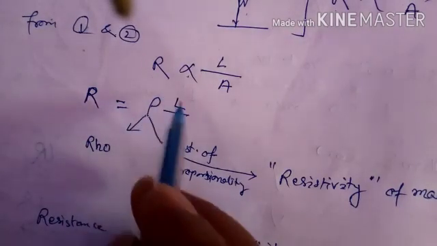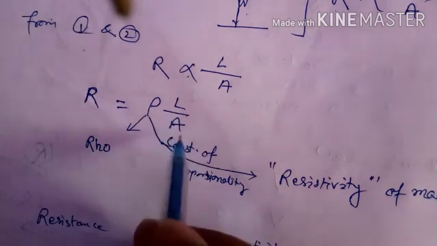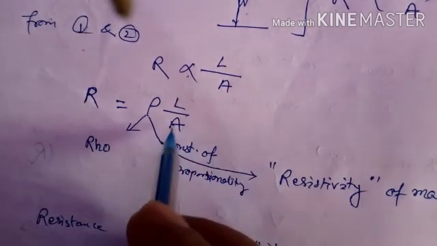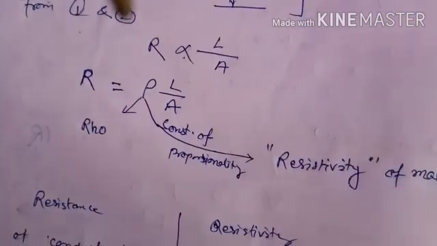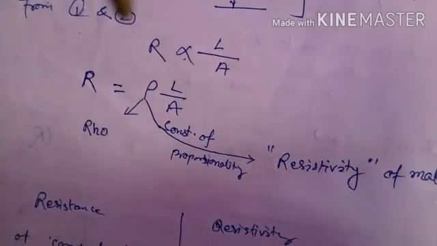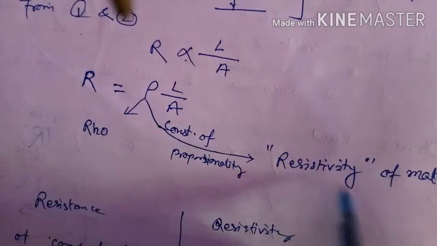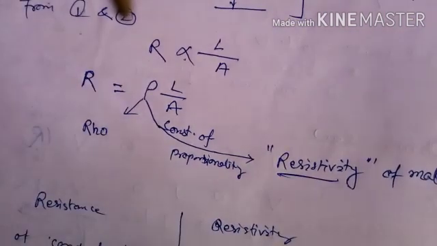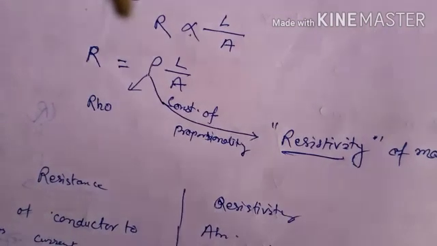So R = rho into L by A, that is length of the conductor by area of cross section of the conductor. This proportionality constant is known as the resistivity of the material.